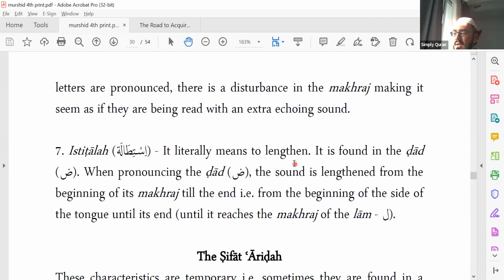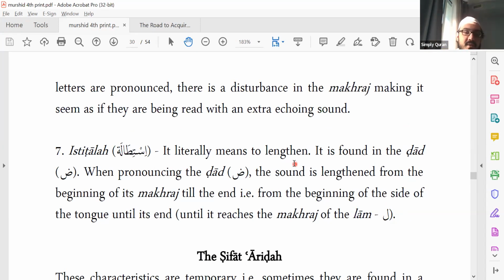Another way to take it: I don't have a ball here, but when it bounces, it hits the surface, then comes back up, like a bouncy ball. Like abe, apple, ato. The reason is that these letters are strong, so it produces a shaking in the makhraj where the letter comes out from.